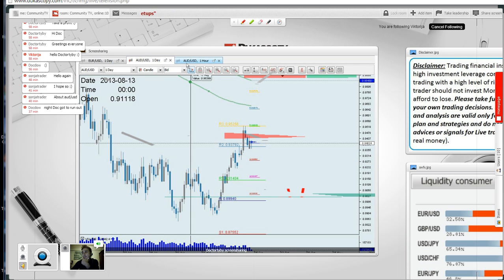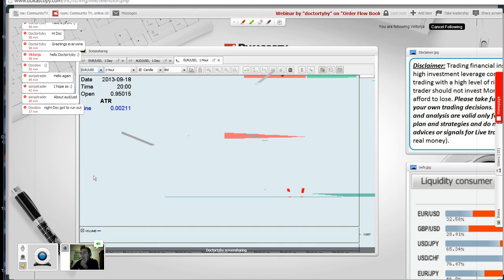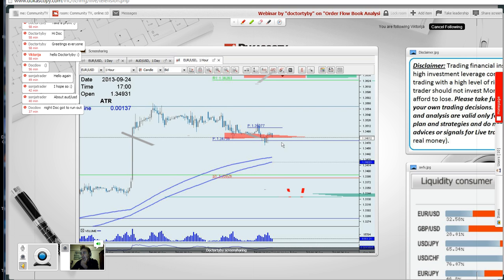Okay, now let's see what levels we have right now. 0.94 in Australian dollar, still standing under the weekly main pivot. Euro dollar is making a small pullback from 1.3490 back to 1.3483, but we have 1.3475, the weekly main pivot. We're still standing above the weekly main pivot.